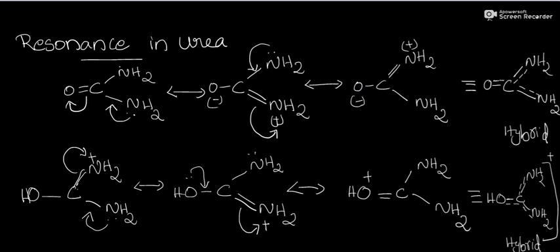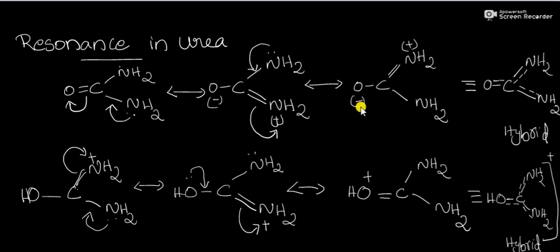double bond, the carbon nitrogen bonds in urea are neither true single bonds nor true double bonds. That can be explained by its resonance structure.